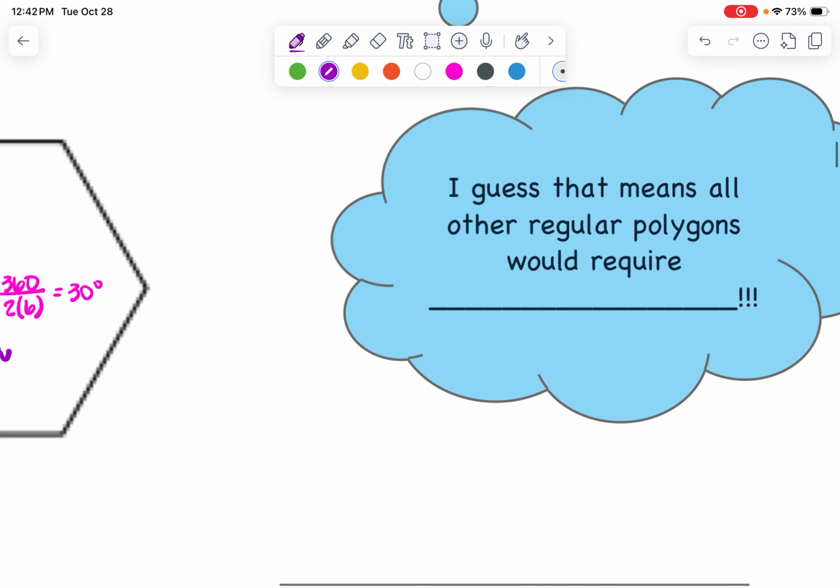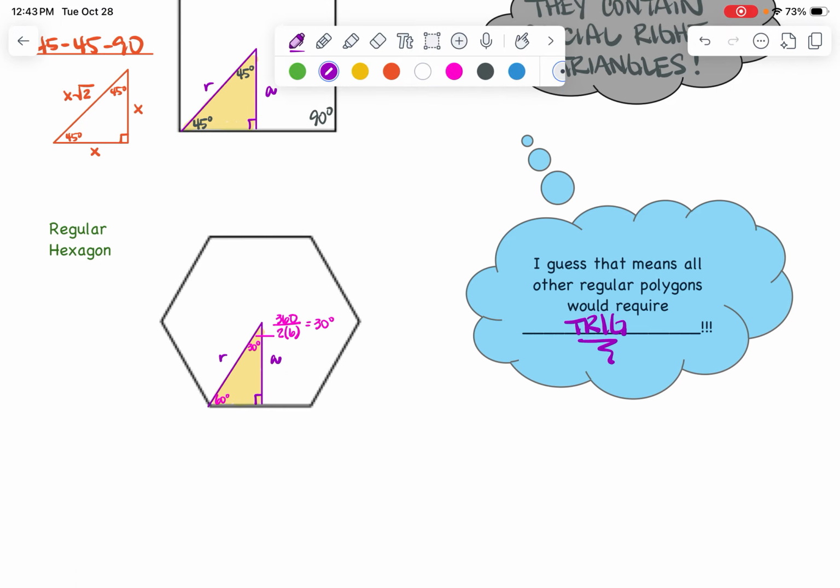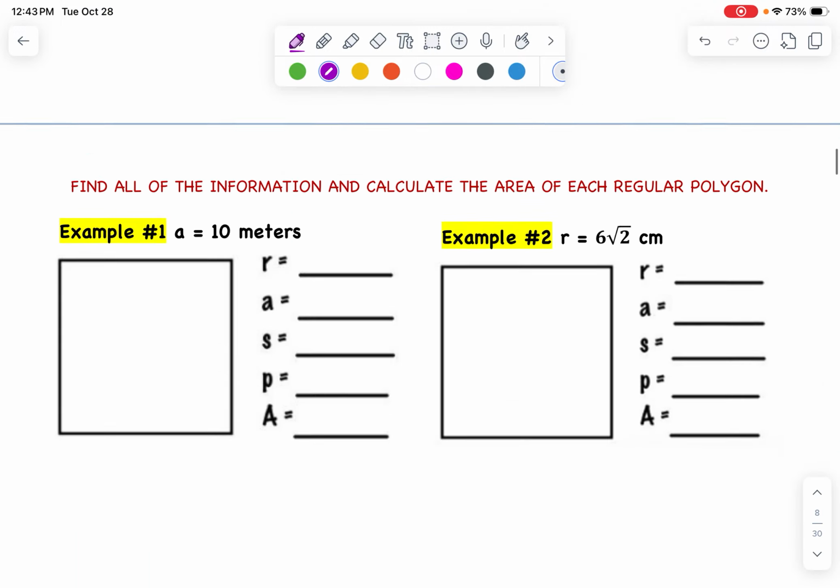I'm going to have to use trig. Right? So if it's not an equilateral triangle, not a square, and not a regular hexagon, I have to use trigonometry, which again is why Unit 5 is so important. All right. Yay. Now let's get started.